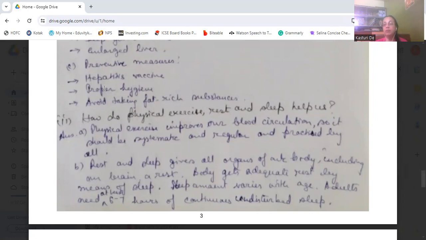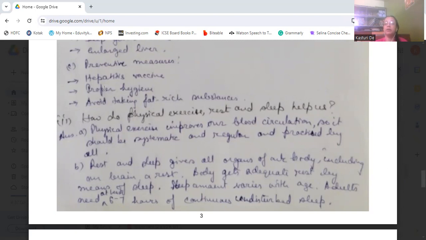Sleep amount varies with age. Adults need at least 6 to 7 hours of continuous undisturbed sleep, whereas newborn children or small babies sleep almost throughout the day. They require more sleep.